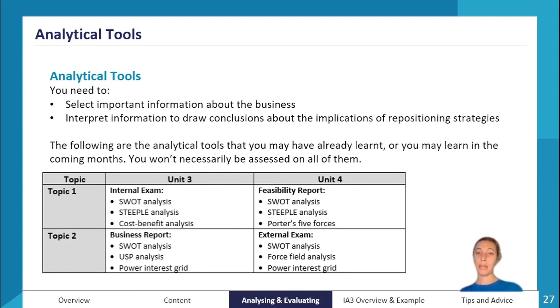Now, keep in mind that you're not necessarily going to be assessed on all of these, because usually each piece of assessment is going to include two, sometimes even just one. You'll notice in each section here we've got three though, and so there's never really enough room in any of your assessment pieces to assess you on all three.